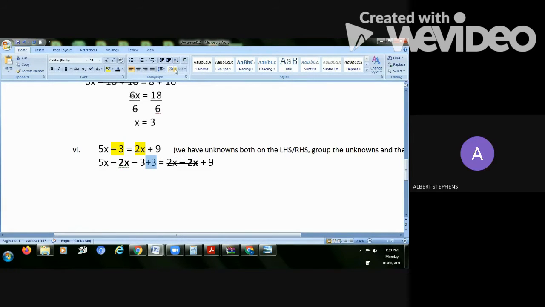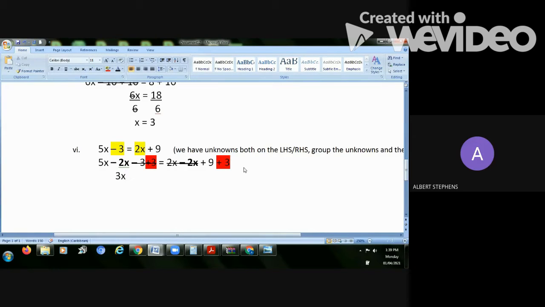If I add 3 on the left, I have to add it on the right. But what is negative 3 plus 3? 0.